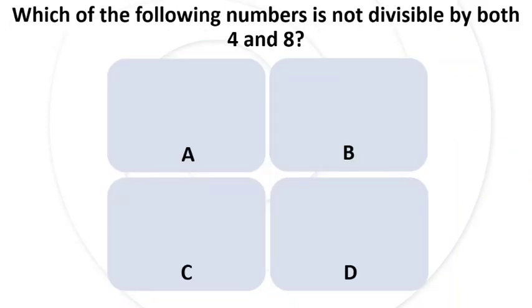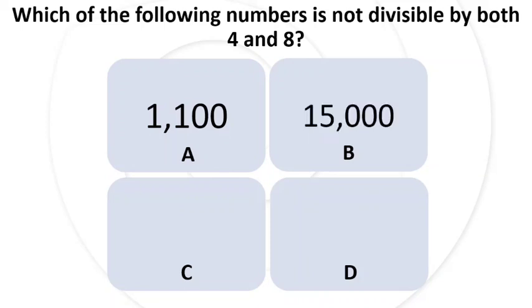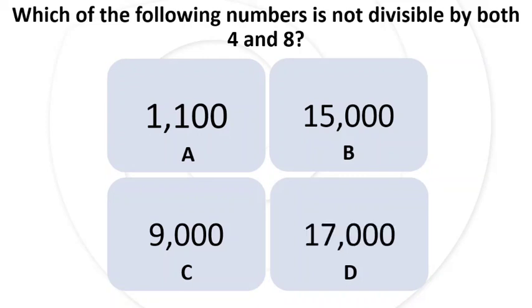Which of the following numbers is not divisible by both 4 and 8? 1,100, 15,000, 9,000, 17,000.